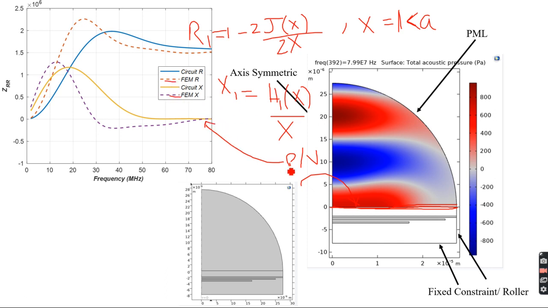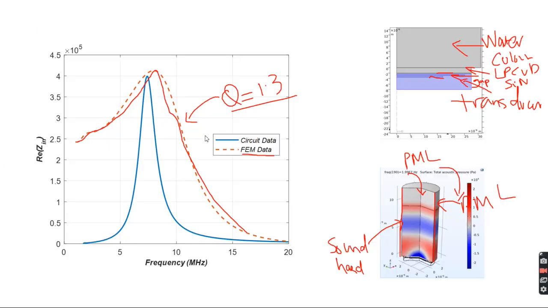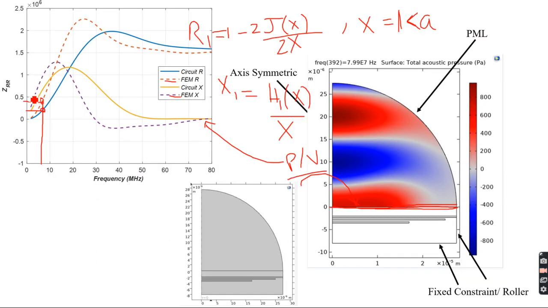These are the real and imaginary parts of that. So this is the radiation resistance that you get from FEM numerically, and there's a little difference. Let's say at 7 megahertz, we are looking at two different values of radiation resistance, and therefore there is a little difference that you get in the quality factor over here. The quality factor is lower, which means the FEM has a higher radiation resistance. So that's what we are suffering here, I guess.